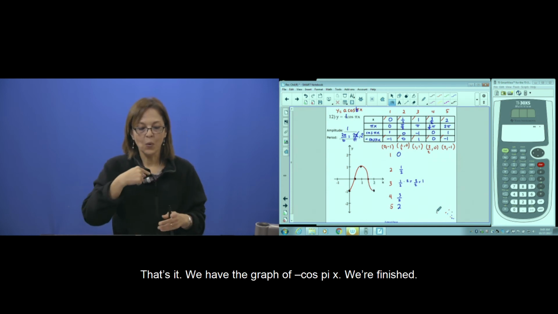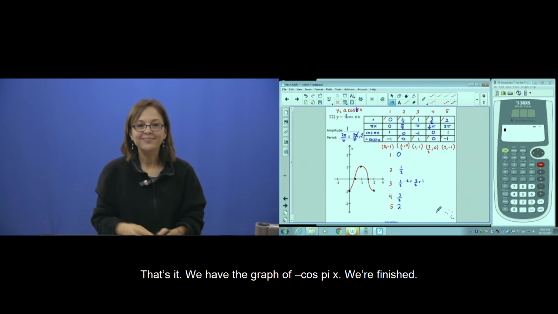And that's it. We have the graph of minus cosine of pi x. We finished.